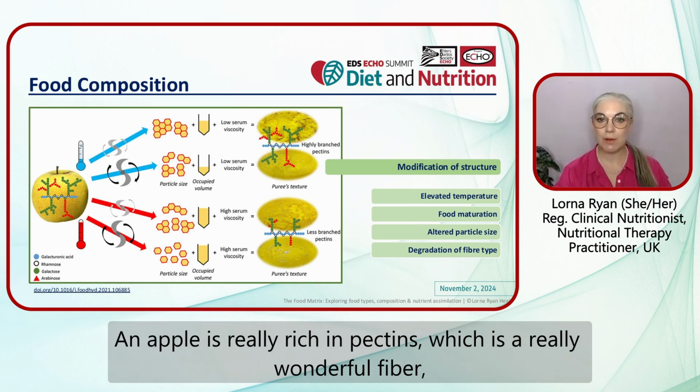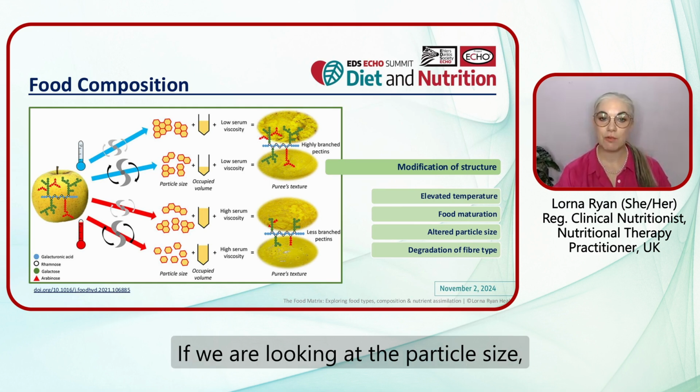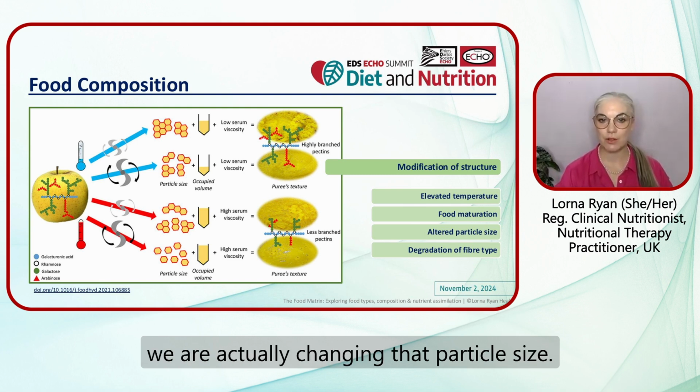So an apple is really rich in pectins, which is a really wonderful fiber, but it can be really hard to digest. So if we're looking at the particle size, the sort of honeycomb shapes on this diagram, we're actually changing that particle size.